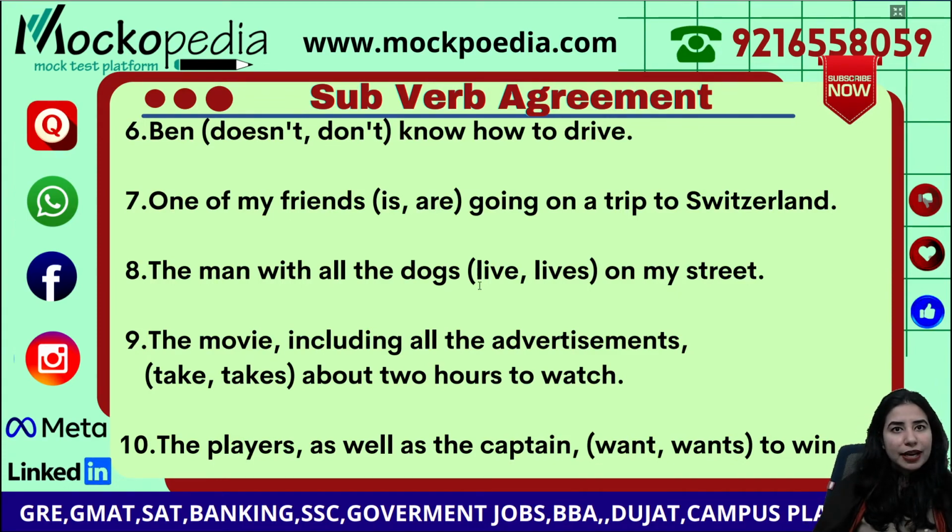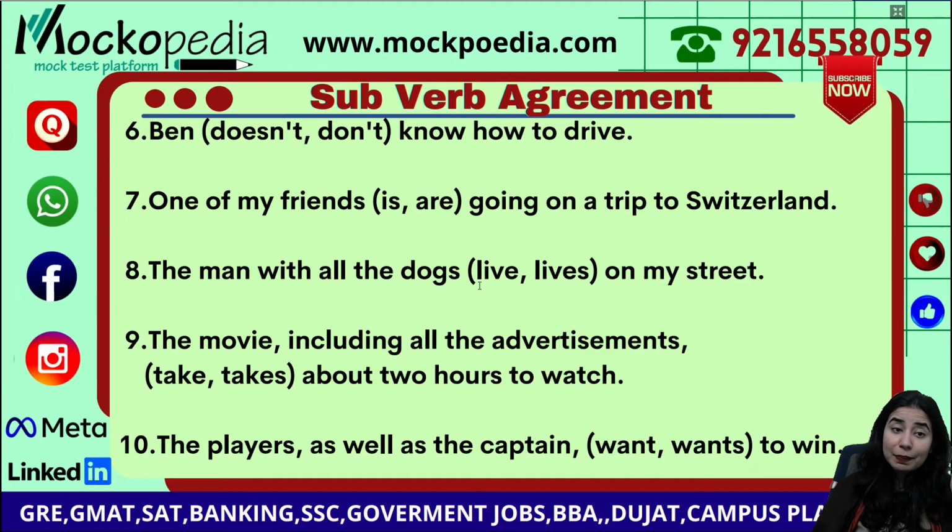If you take a look at this particular statement, man is the subject, right? Which is singular. And with all the dogs is a prepositional phrase. With is a preposition, right? So the noun which is contained in the prepositional phrase is not going to impact your verb, right? You remember this rule, right? Yes, the first rule that we learned.